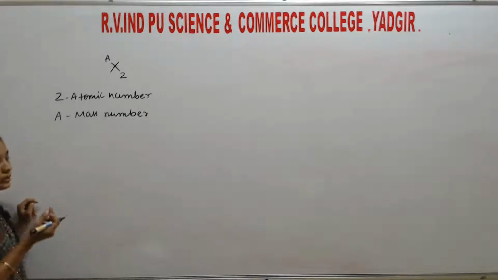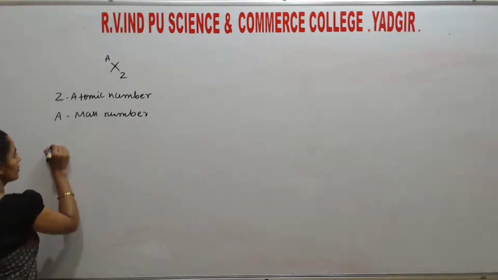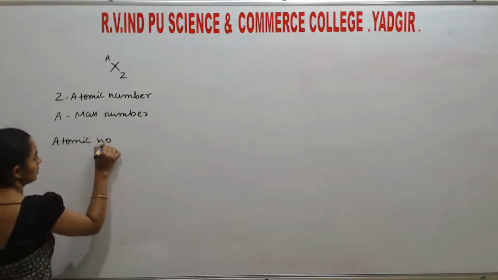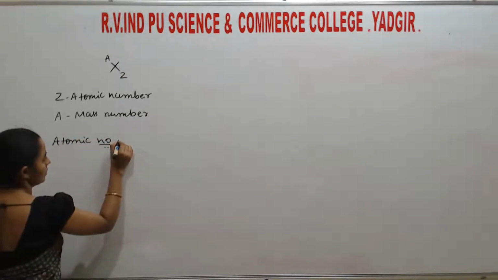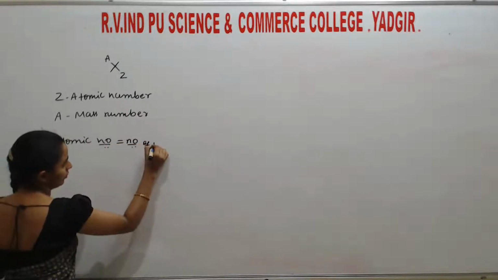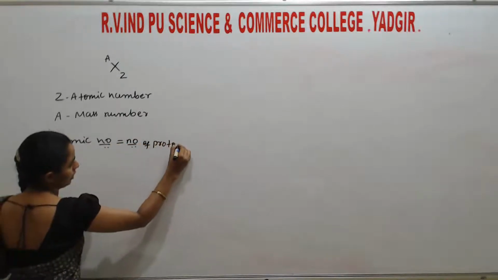Okay. So then, what is that atomic number, students? Atomic number means our atomic number is equal to the number of protons.